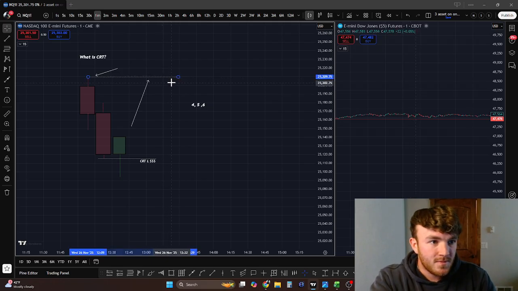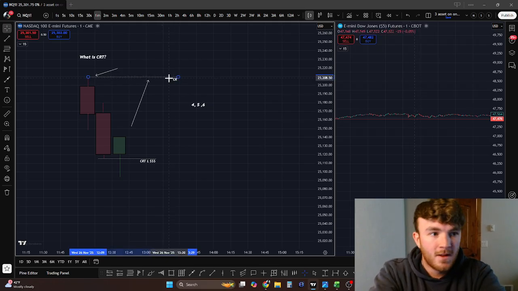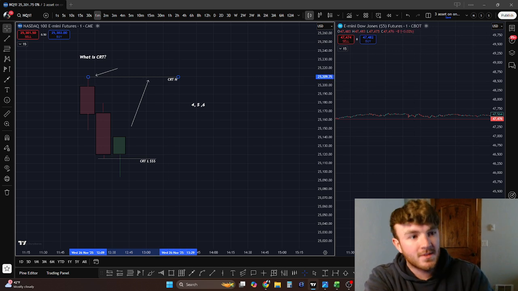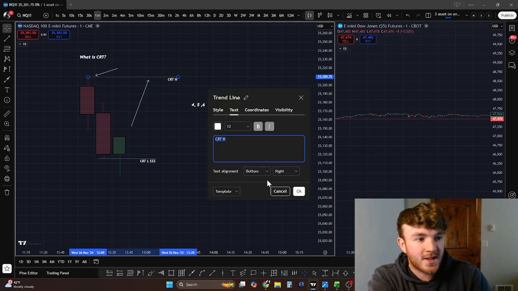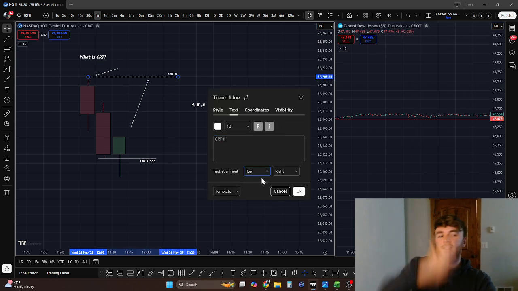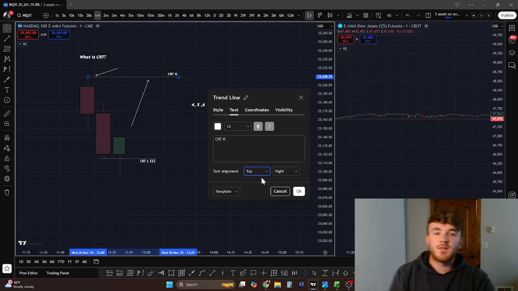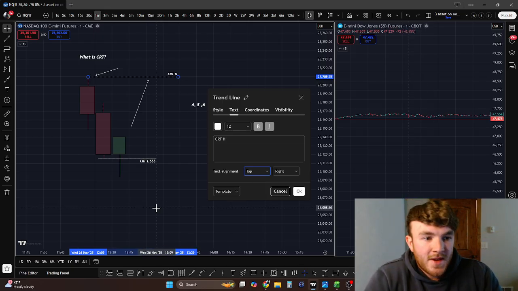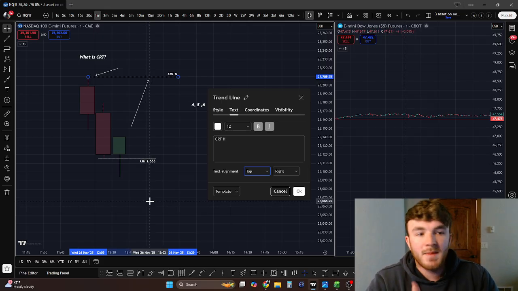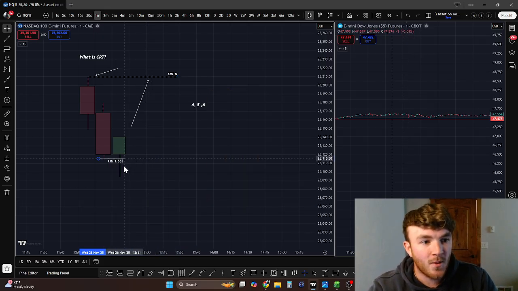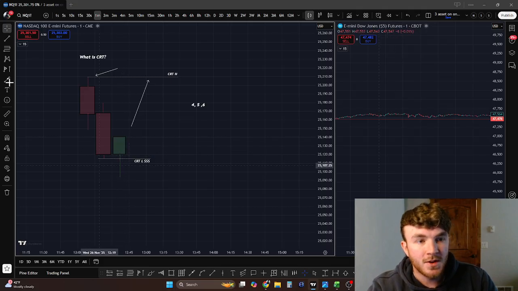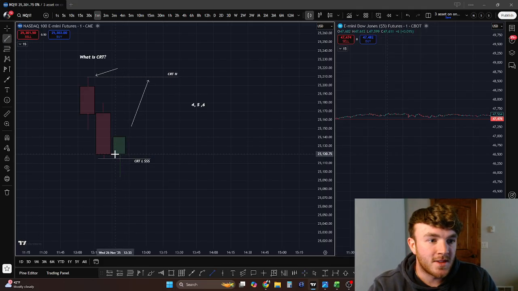Well, I never joined any of the mentorships or anything. I just have had months and years of observing the market, observing the best way to trade it, and from my backtesting, you're going to want to take the close or the open of this manipulation candle, whichever one is lower in this instance.